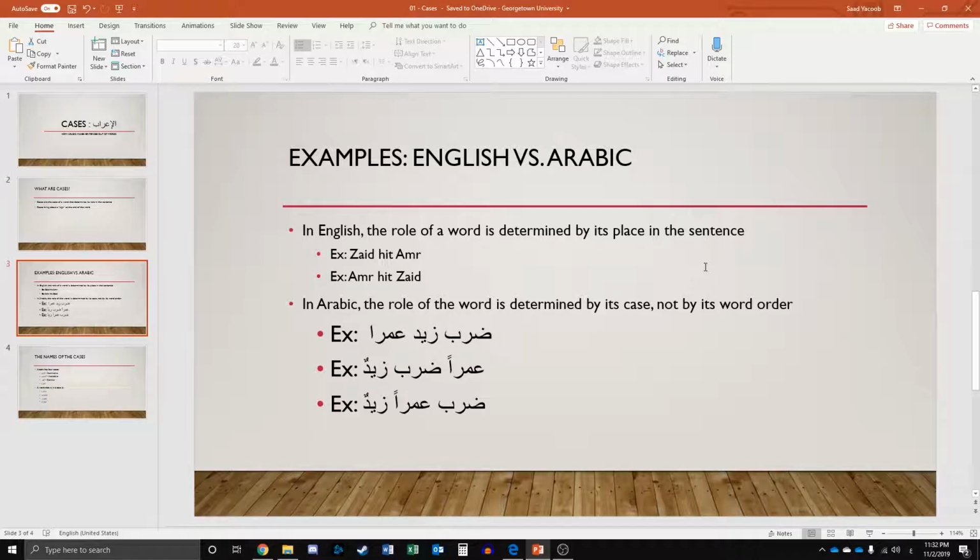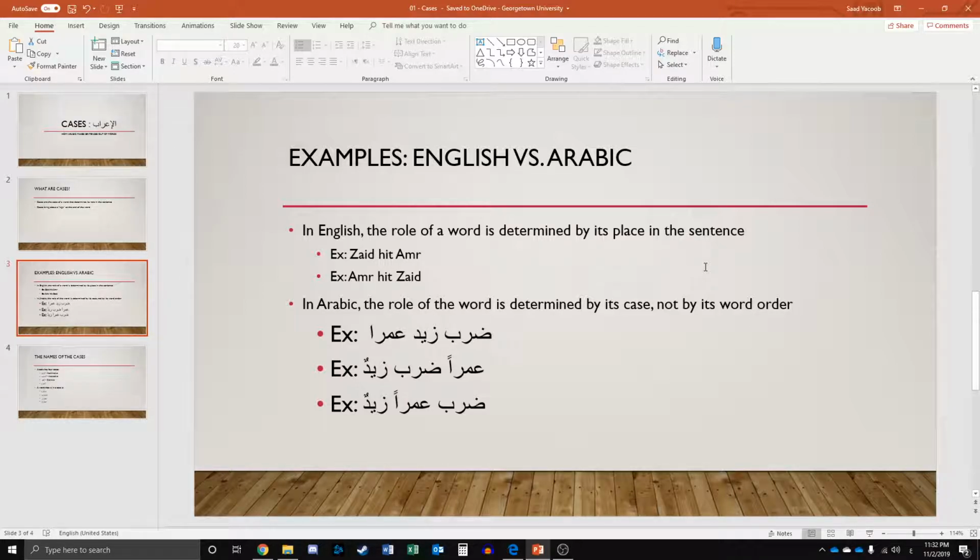Now, in Arabic, the word for hit is daraba. If I said daraba Zaid Amr, this is not a sentence yet. Or rather, the meaning in the sentence has not been completely expressed yet. Why is that?